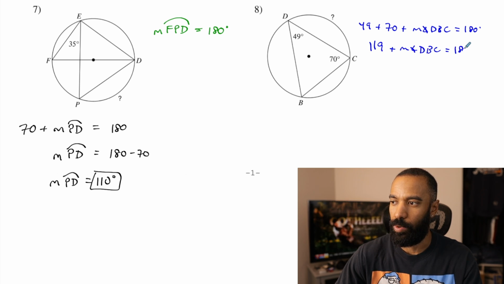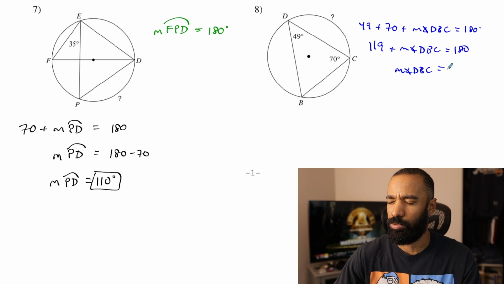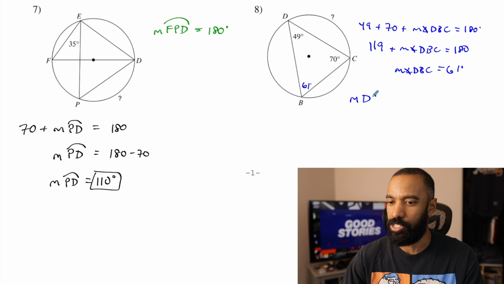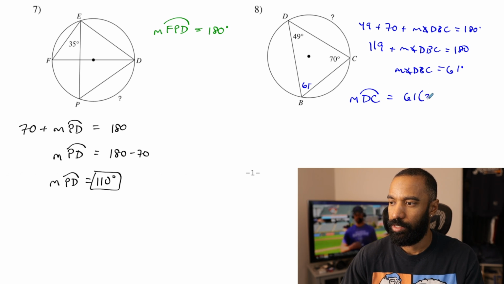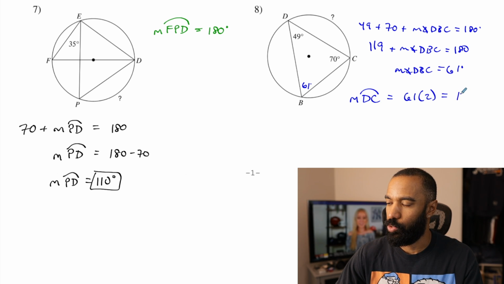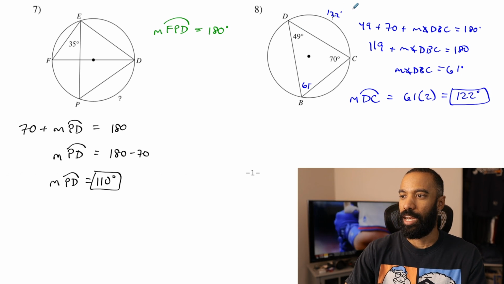And if I subtract that from 180, I'll get measure of angle DBC as 61 degrees right there. So the measure of arc DC is going to be double that of 61. I should have put 2 times 61, that's okay. And that is 122 degrees right there. And I would be done.